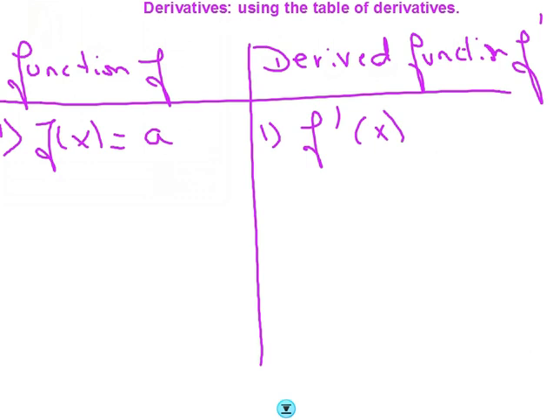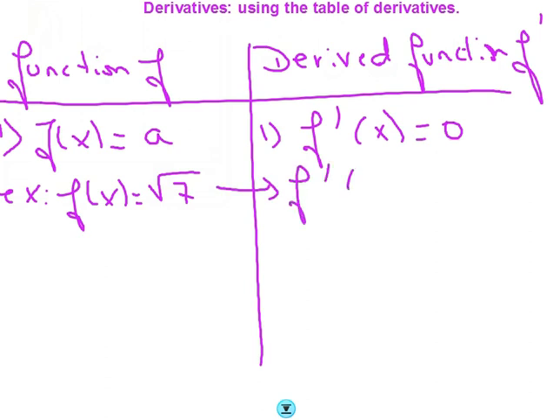So directly when you have a constant term, its derivative is 0. Let's take an example. Let's say f of x equals radical 7, so its derivative f prime of x equals 0, since radical 7 is just a real number, so it's a constant, so its derivative is directly 0.